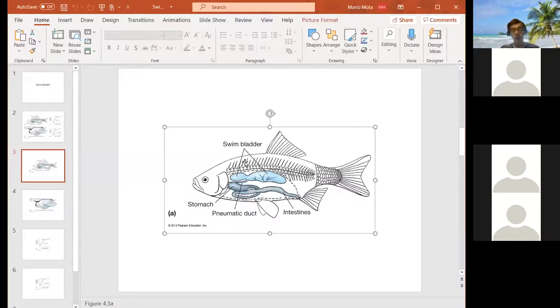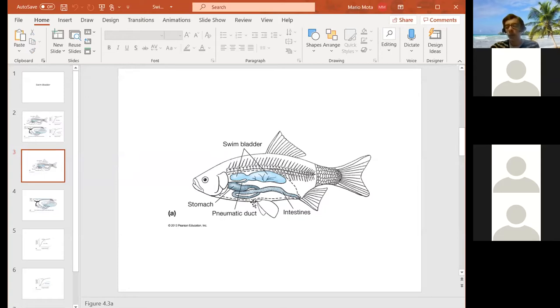So here you see that there's the swim bladder, and again it's above the midline of the fish, and then you have the pneumatic duct that connects the gut to that swim bladder. You can see that this one has a little constriction area here, and that's there, it's not just the way it was drawn.